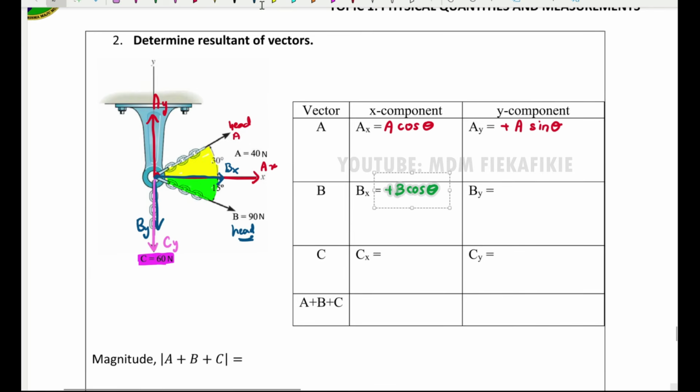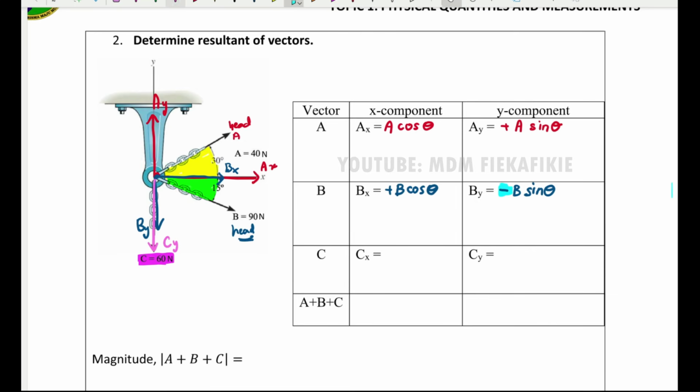Sekejap. Okay. B cos theta. Dan ini akan jadi negative B sin theta. Kenapa dia negatif? Sebab direction dia downward. BY tadi kita dah resolve. So, direction dia downward. Penting positif negatif. Kalau tak, jawapan akhir awak nanti akan salah.